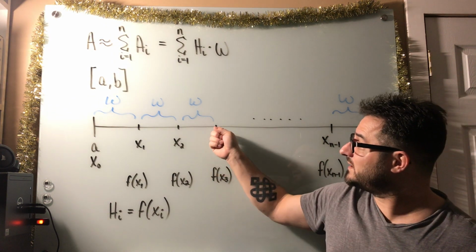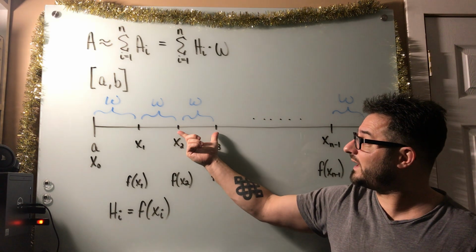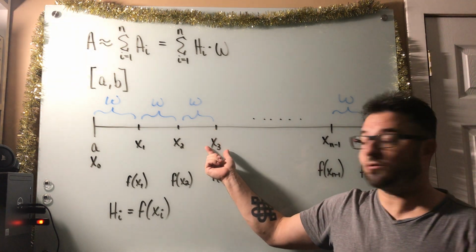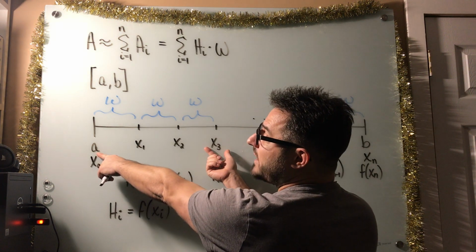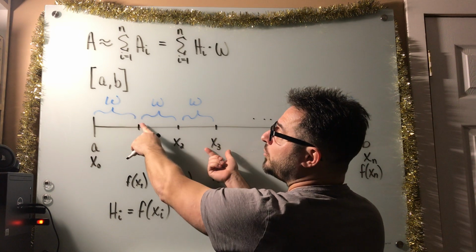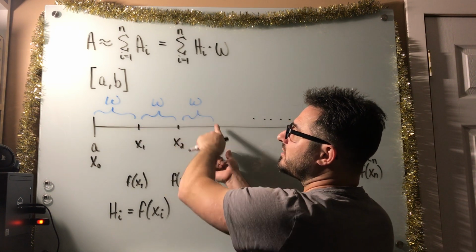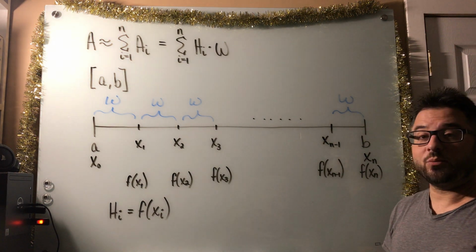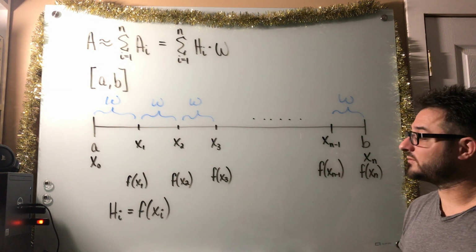So if it's the third subinterval we're looking at, and I want the right endpoint of the third subinterval, I can start at the left endpoint of my interval and go the distance of w once, twice, 3 times to get to the right endpoint of the third subinterval.